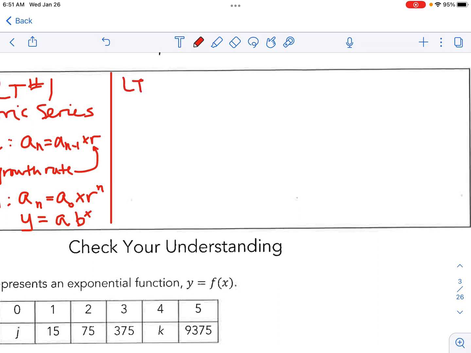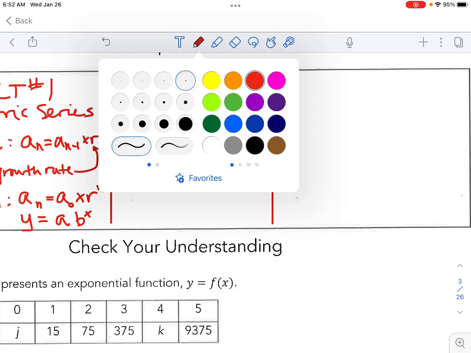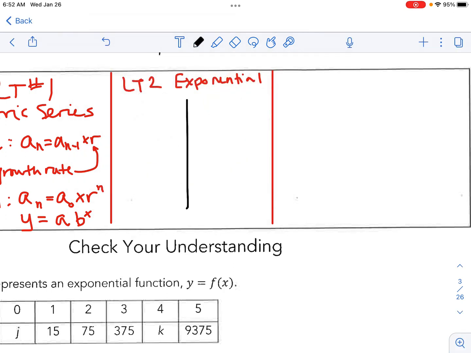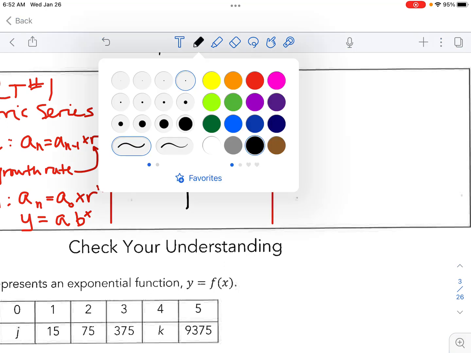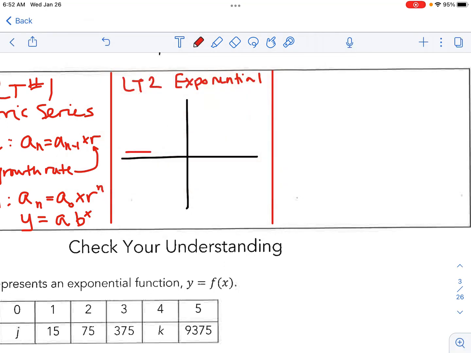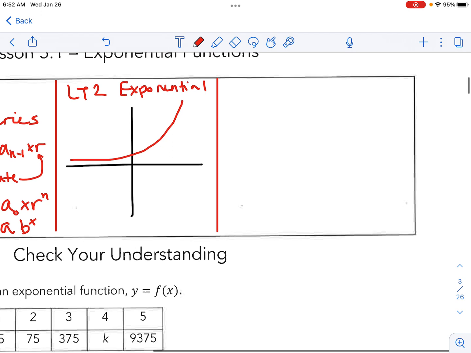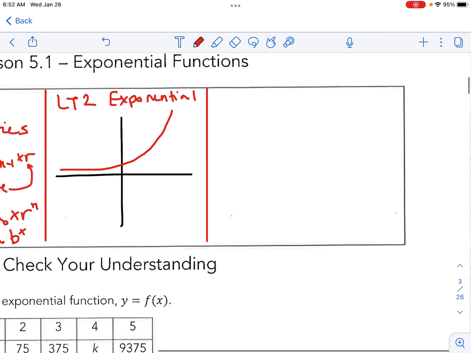And then the second learning target is acknowledging that this is not linear. So we have to acknowledge that we have an exponential relationship here. We have this general shape that looks like this on a graph, as opposed to having a linear relationship.